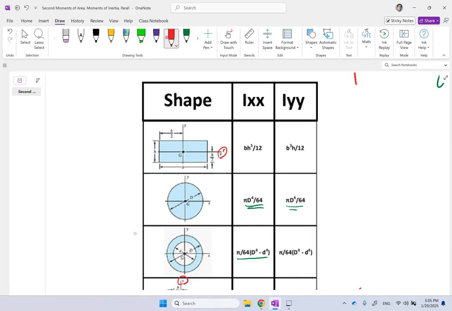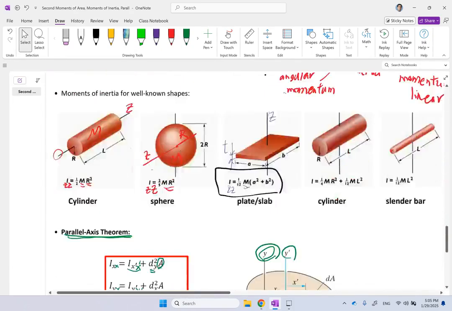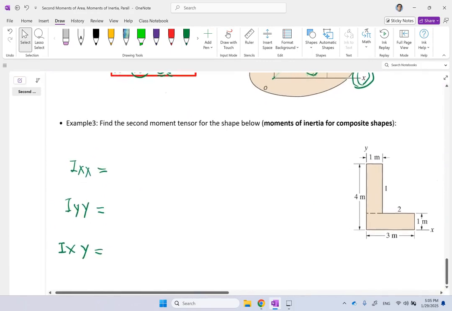So this is like X prime, Y prime. The ones passing through the centroid, X is this formula, the one for Y prime is this one. And Ix'y', since it's symmetric with respect to X prime, Y prime, is 0. So if you have these three from the table for a rectangle, can I use them to find the one for this problem? The answer is yes.